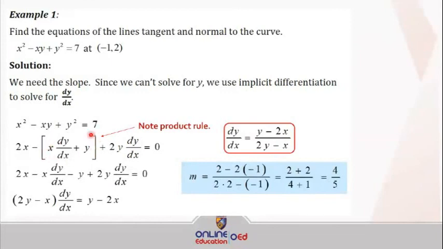Ito pala is shortcut na siya, which is yung application lang ng product rule natin. And then for the 7 naman, since constant lang siya, is equivalent lang siya again with 0. And then for this value, we have the 2x minus x dy over dx minus y plus 2y dy over dx is equal to 0.